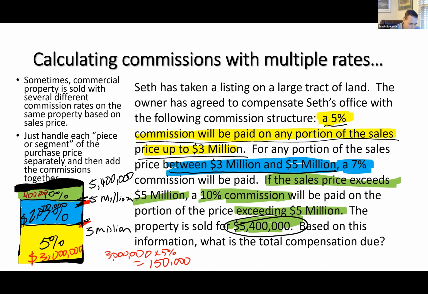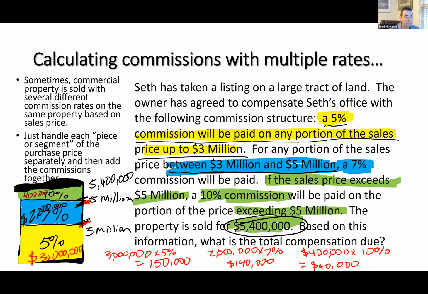And then the middle box is $2 million worth of purchase price times 7%. That's $140,000 in commission. And then in the green box, we've got only $400,000 in purchase price times 10%. And that's 40,000.